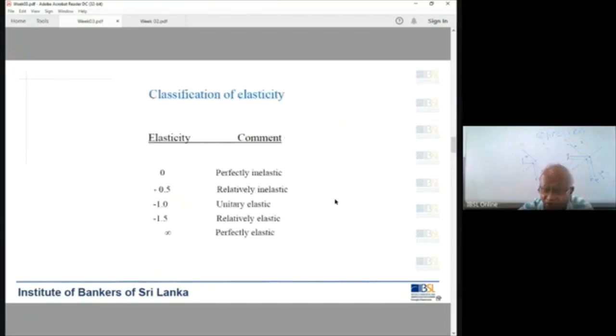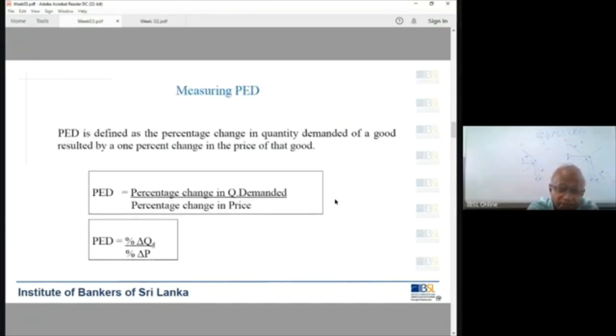Relatively inelastic. Suppose price increases by 1%, and demand decreases by 0.5%. Consumer response is very slow. Demand decreases by 0.5, that is negative. Price increase is positive, this is negative.